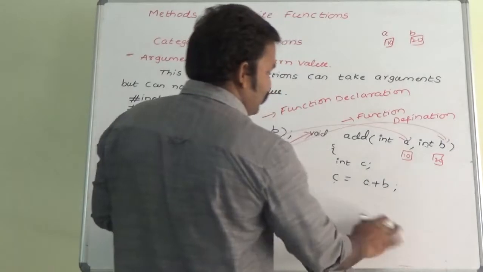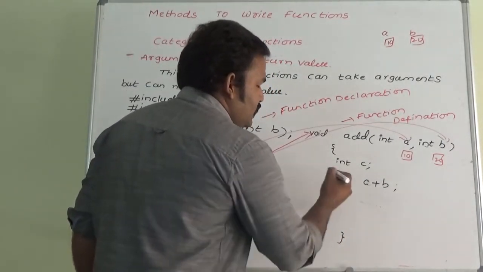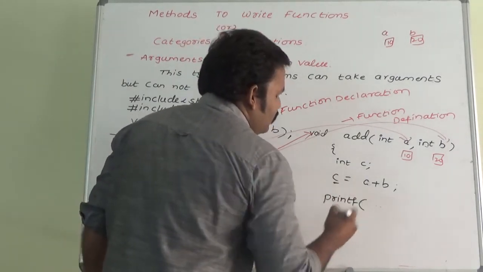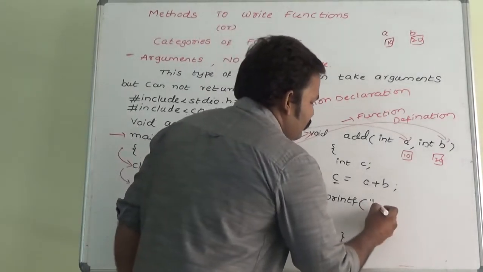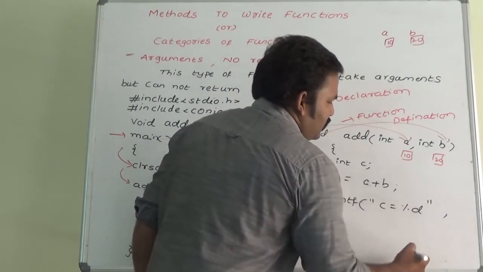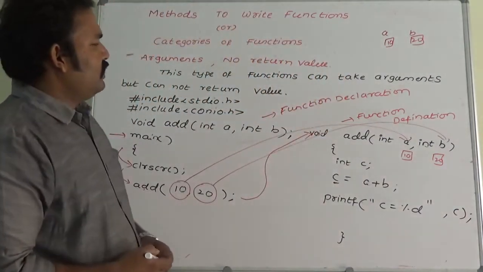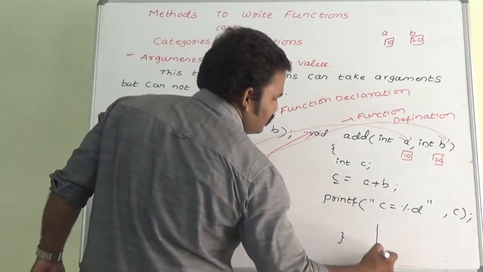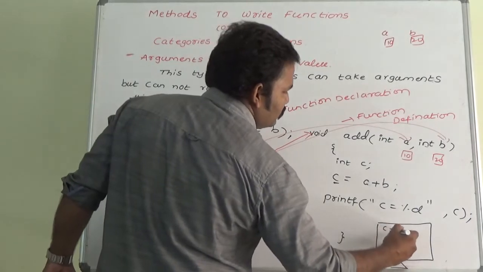Addition operation completed. Next I want to print the result on the screen. By using the printf function, I want to display the c value: c is equal to, format specifier %d, comma, variable name c. Function definition completed. The output of this program is c is equal to 30.